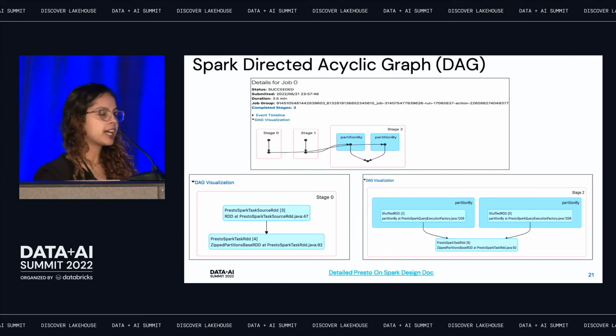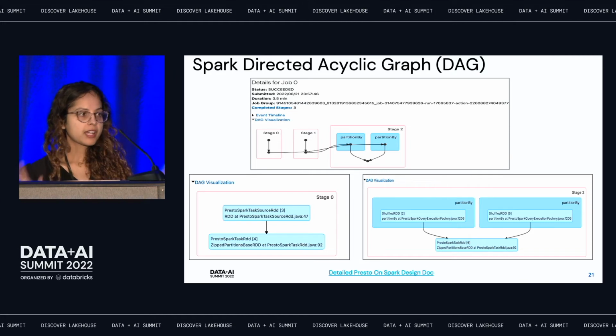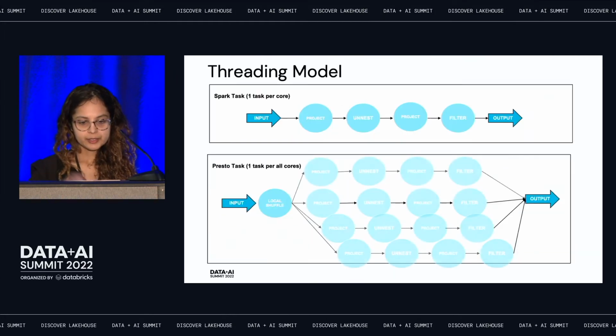And within each of the RDD's compute methods, it's again the Presto evaluation library or Presto code base which is being executed. So this slide has the link to the Presto on Spark design docs. If you are interested in details, you can look into that.